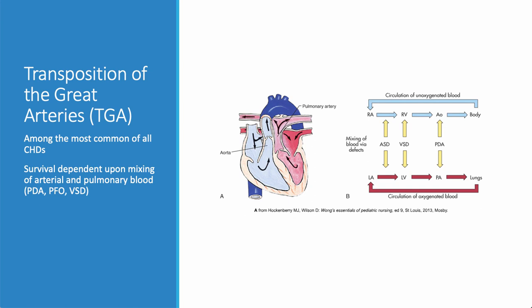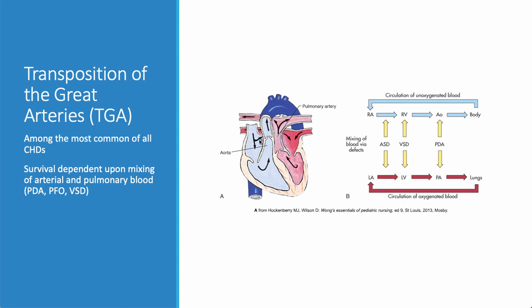Now that might seem weird. There has to be a way for the patient to survive this. How does the oxygenated blood, how does any blood get into the pulmonary circulation if the oxygenated blood comes back to the ventricle and then goes back out to the lungs? This is just a pulmonary loop, right?